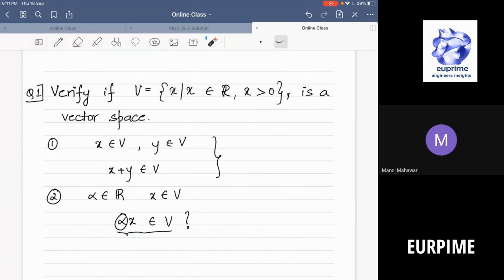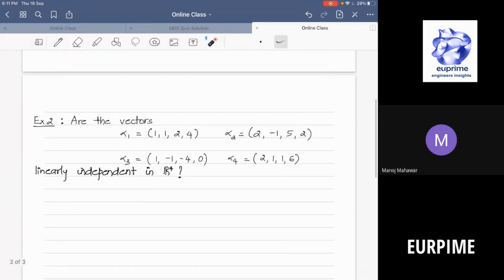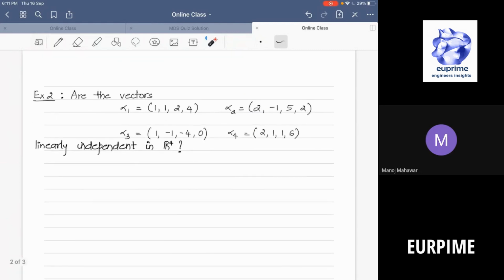So let's move on to the second question. Consider these vectors alpha 1, alpha 2, alpha 3 and alpha 4. Check if these are linearly independent in R4. I'll give you all 5 minutes.